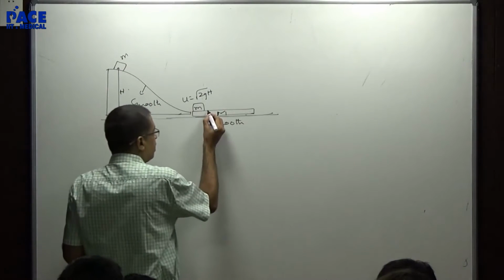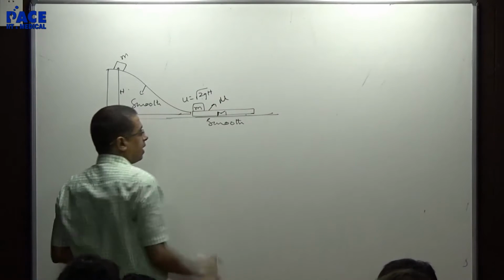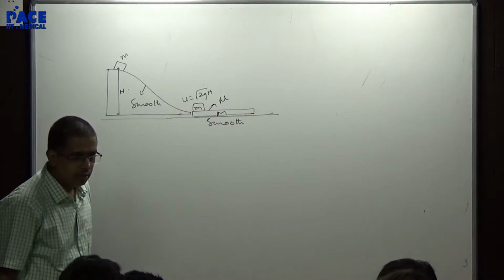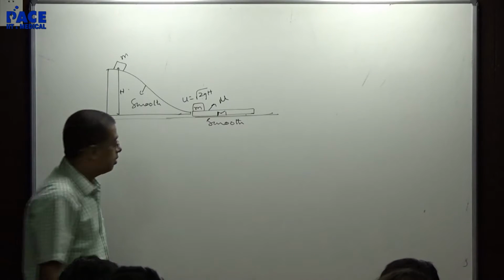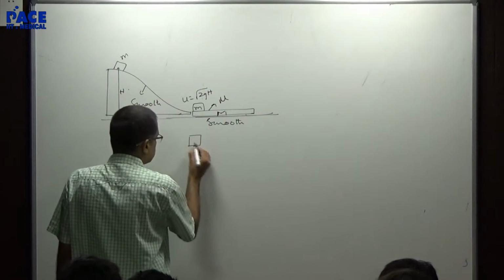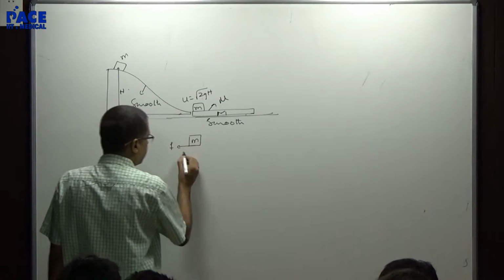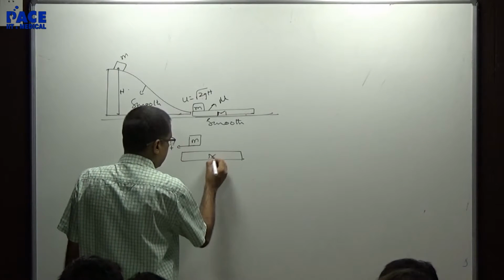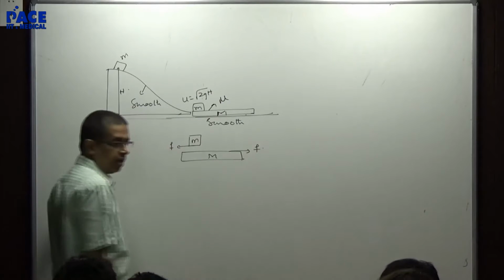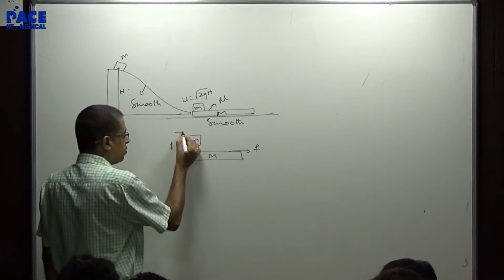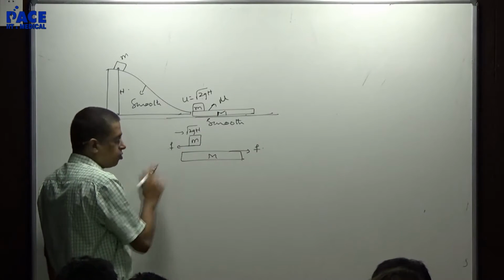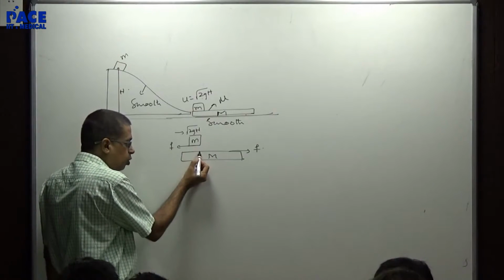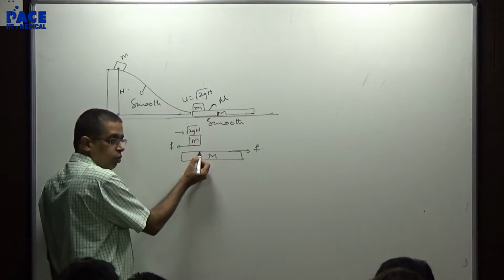Now he says there is friction between small m and capital M. So technically on small m friction will act this way, on capital M friction will act this way. Initial velocity of this was under root 2gh. So friction is trying to prevent slipping between the two.